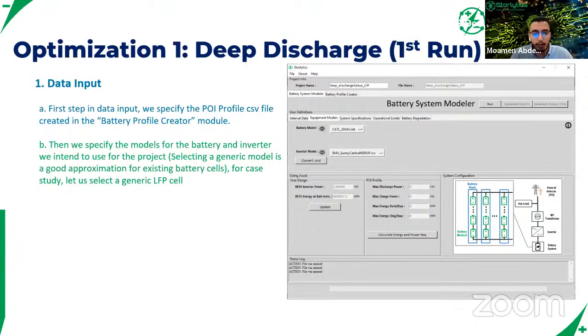Okay, so it's a very good question. The models we have in our software are validated in several laboratories, and we developed the models using the OEM data sheets and certified information from them.